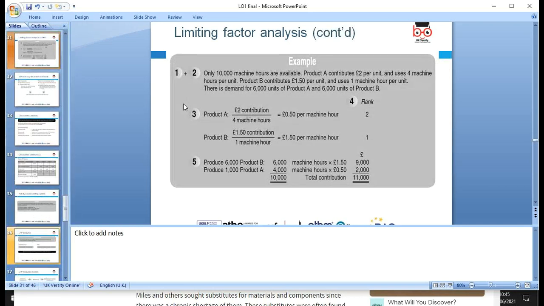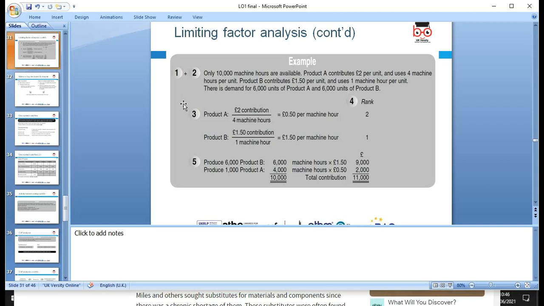Okay, so we can rank them. Ranking is very important. If one product gives a high contribution and one product gives a low profit margin, where will I use my limited resources? I'll use them on the product that gives me the high rank, high profit. Like here, rank one, this product will give me £1.50 per machine hour if I use it.